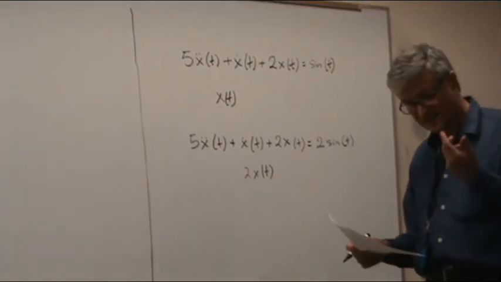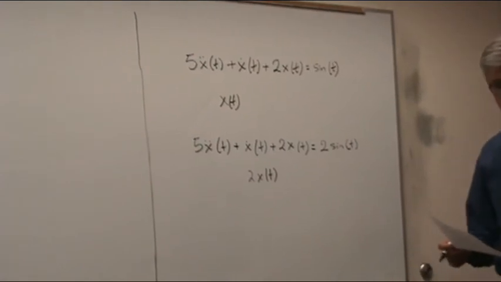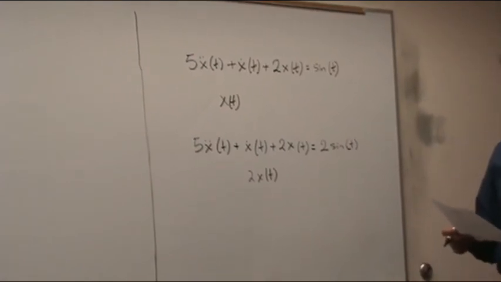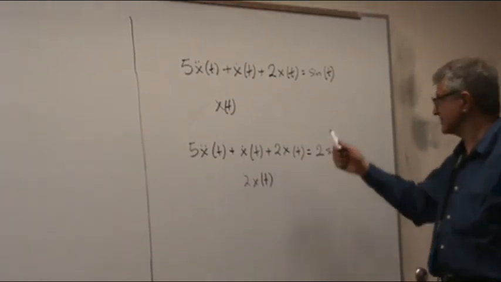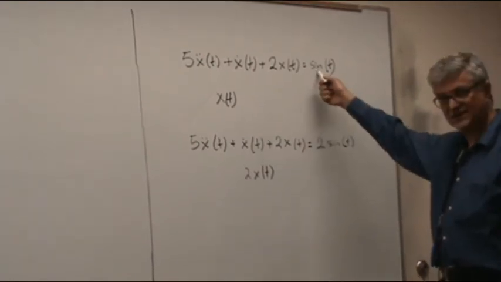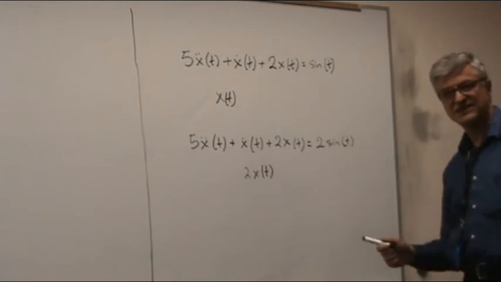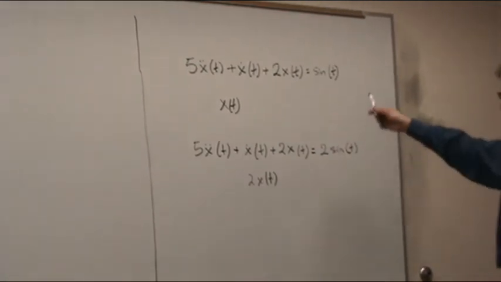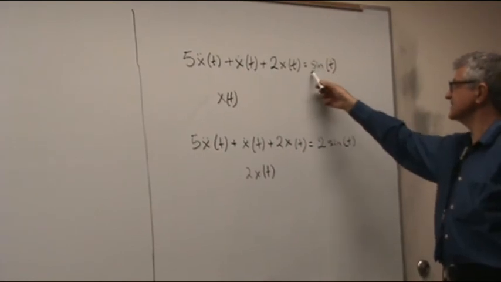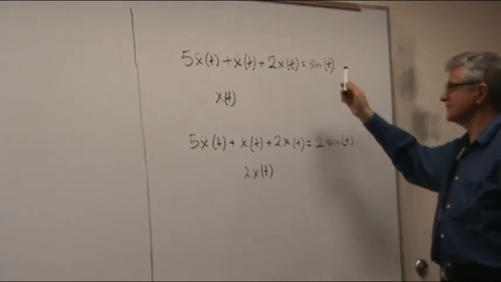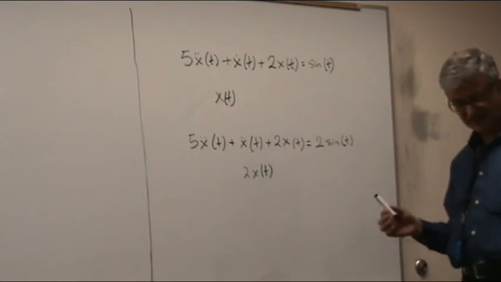You understand that this is a very important property to know, because it can reduce your effort a lot. Once you have the response to a sine of t, you can find the response to any scaled version of it.